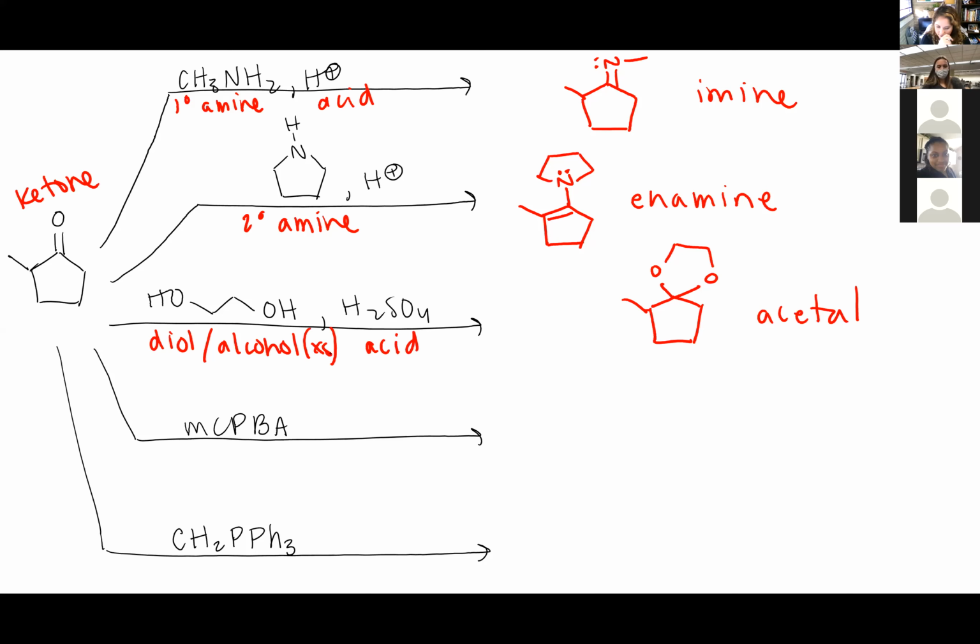Okay. Next one, we have our ketone and we have MCPBA. What's the functional group for MCPBA? Because remember, it doesn't have to be MCPBA for this reaction to work. Does it create alcohol? No. Ester.